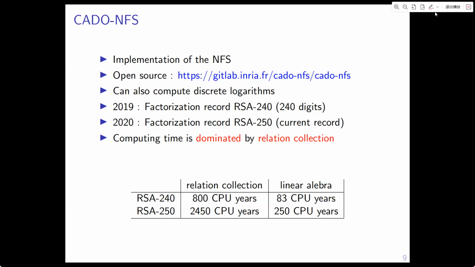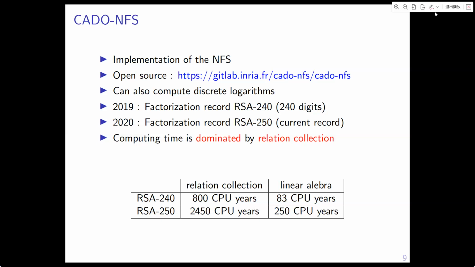In 2019, it beat the factorization record with the factorization of RSA with 240 digits. And a few months after that, it beat its own record with the 250 digit number, which is the current record. Its computing time is dominated by relation collection.